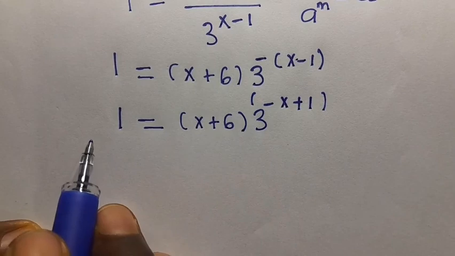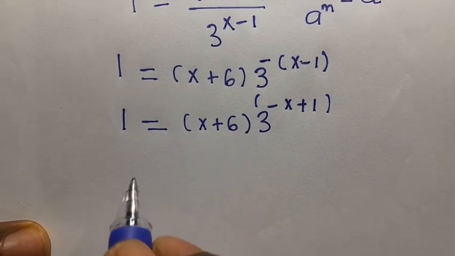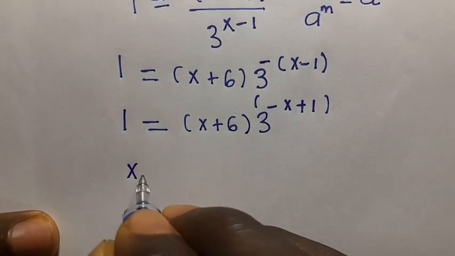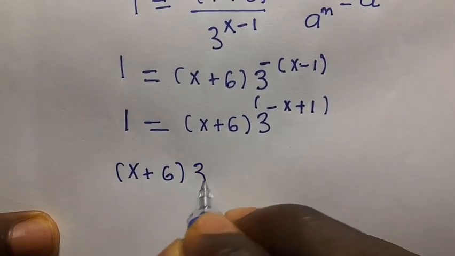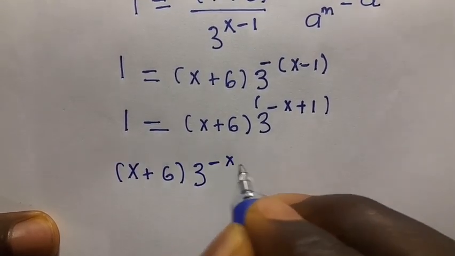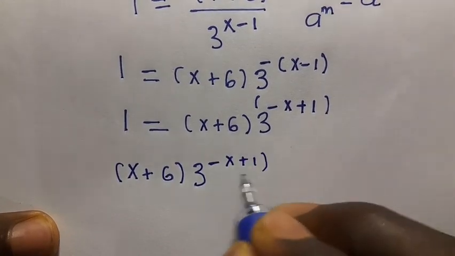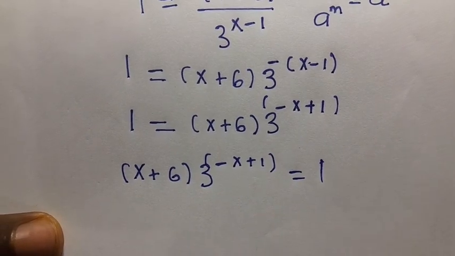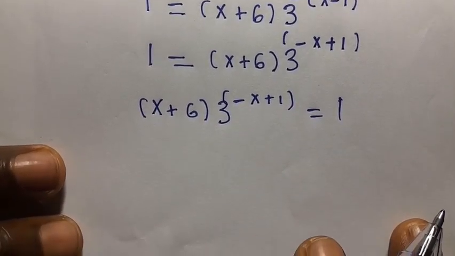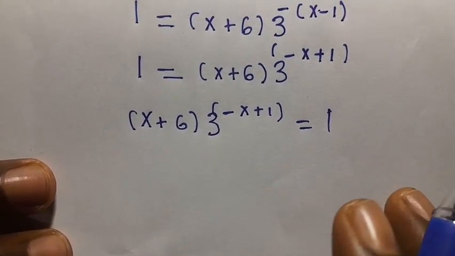Let's take this one to this side and take this one to the other side. Then we are going to have x plus 6, then 3 raised to power minus x plus 1 equals 1.